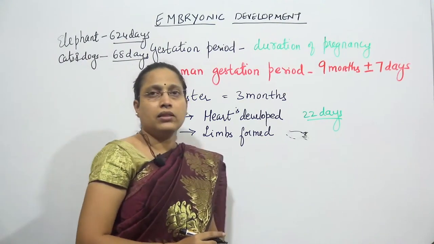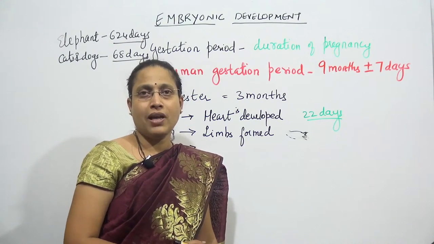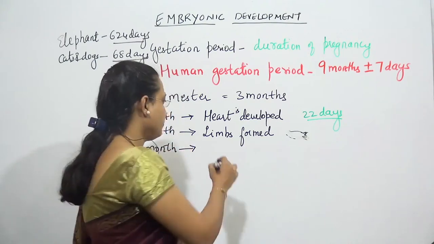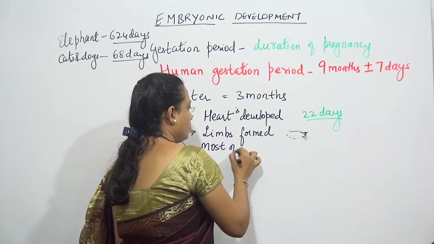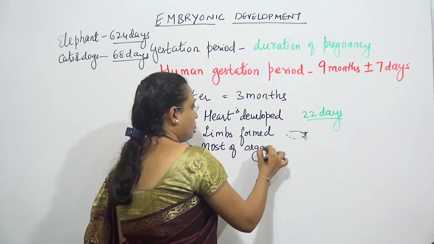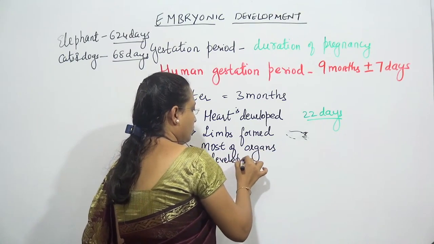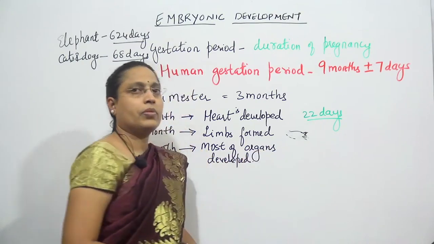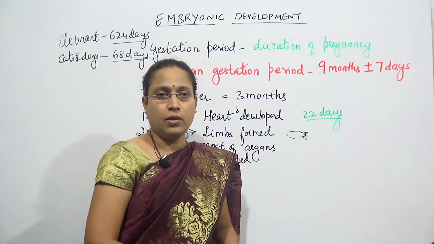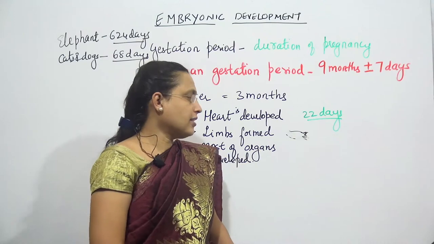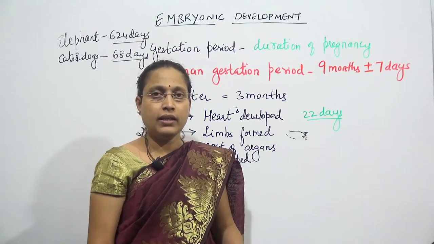In the third month, majority of the organs or organ systems have been developed. So most of the organs have been developed during the third month. And external genitalia also will have been formed during this month.